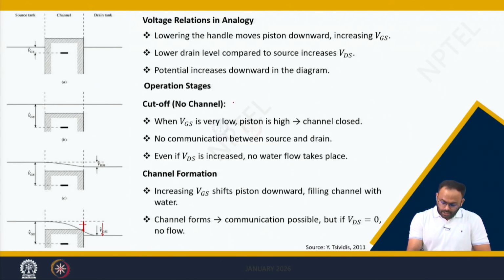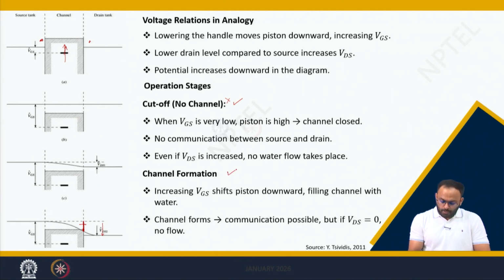As I mentioned, if the piston is closed, it means you are in the cutoff region. There is no communication between the source tank and drain tank, and hence the channel is not formed, if you take the analogy to a MOSFET. So if VGS is very small, the piston is high, there is no communication between the source and drain tank, and hence there is no current.